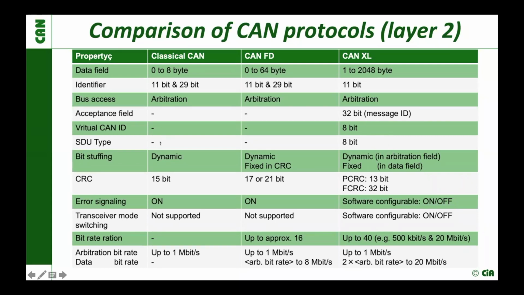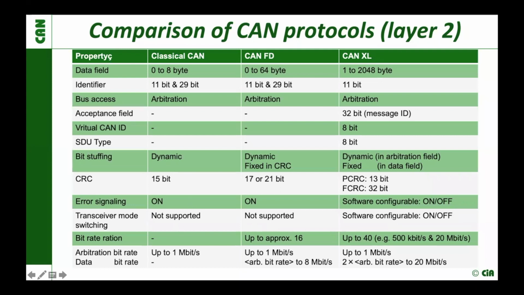And then CAN XL also has some new fields like virtual CAN ID or SDU type, and also some new functions like error signaling configuration on or off, and also the new transceiver mode switching.